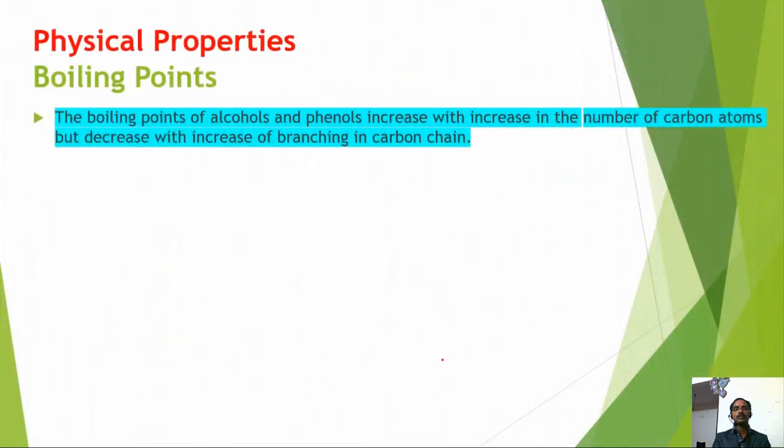Physical properties, that is boiling point. The boiling points of alcohols and phenols increase with increase in the number of carbon atoms. See, boiling point is always directly proportional to the molar mass, molecular weight.